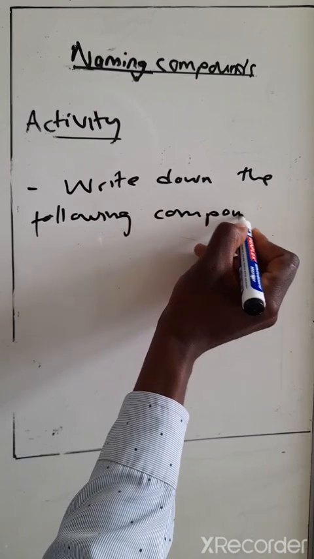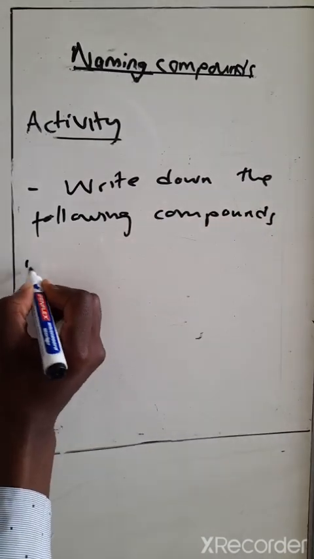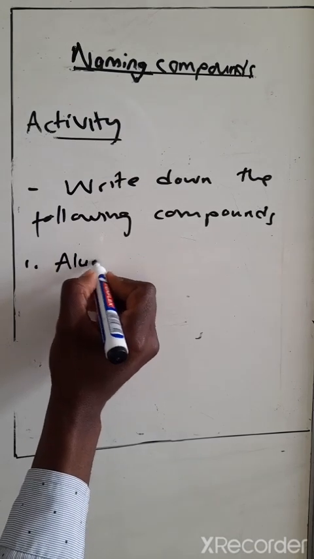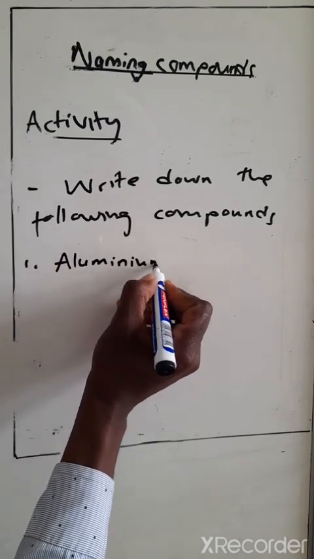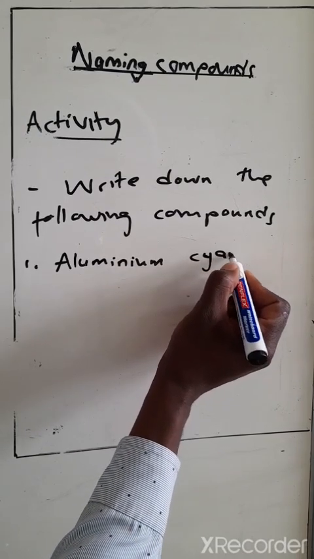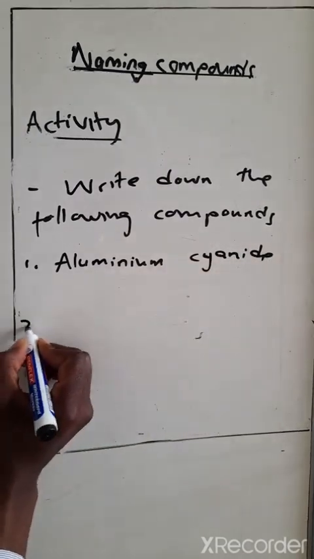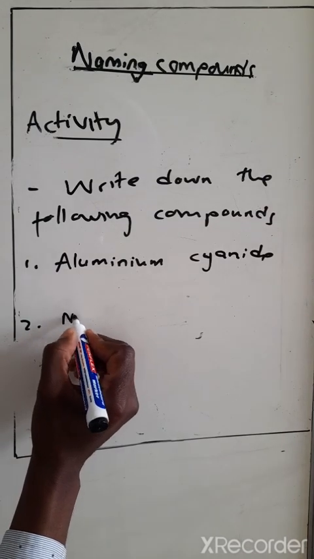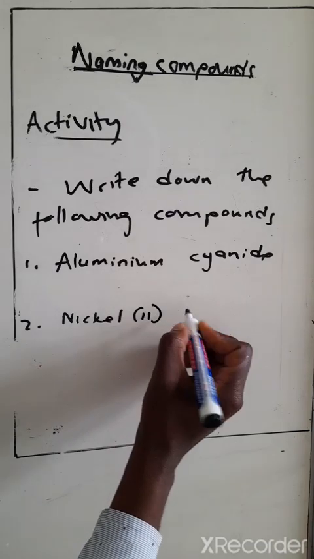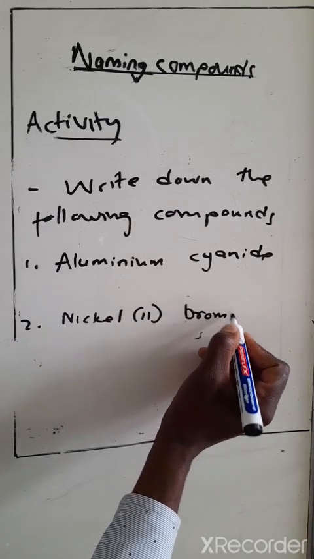The first one is going to be aluminium cyanide. The second one is going to be nickel(II) bromide.